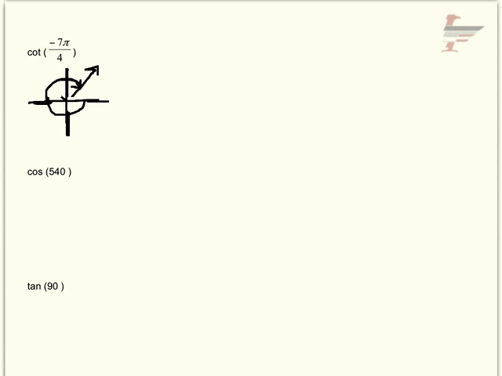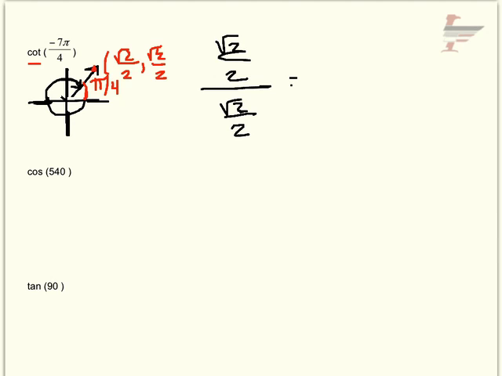So there's my angle. Well, I know that the reference angle there is pretty obvious, that it's pi-fourths. And actually, I know the point there is the square root of 2 over 2 and the square root of 2 over 2. So cotangent is the reciprocal of tangent. Well, tangent's y over x, so cotangent is x over y. So I'm going to take the x coordinate divided by the y coordinate, and that's easy. That's 1.